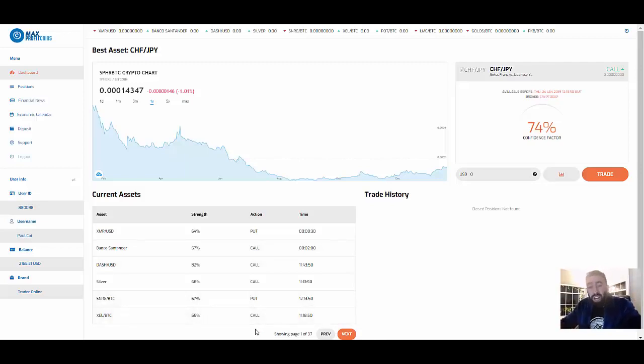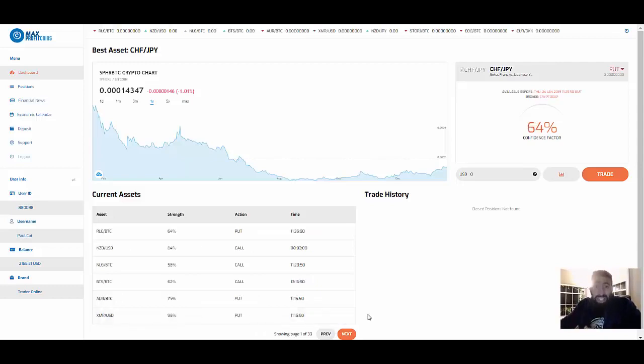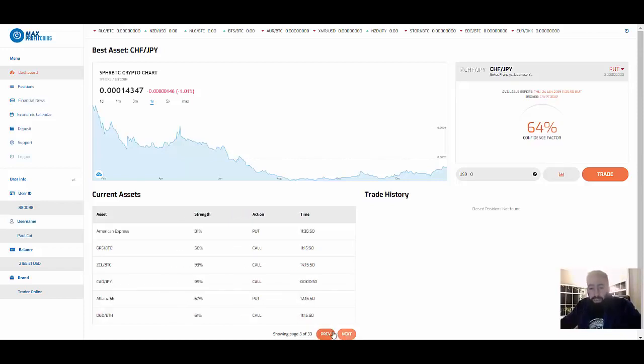This means we currently have 37 different pages of assets and currency pairs, global pairs, commodities, and stocks that we could choose from at this given moment. Needless to say, there are plenty of choices for us to go through.